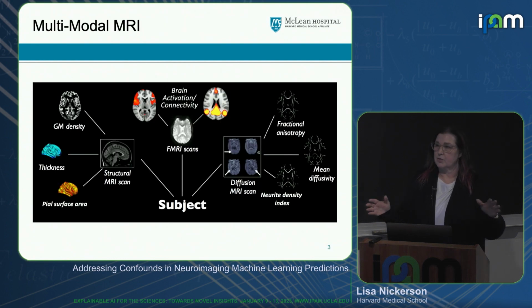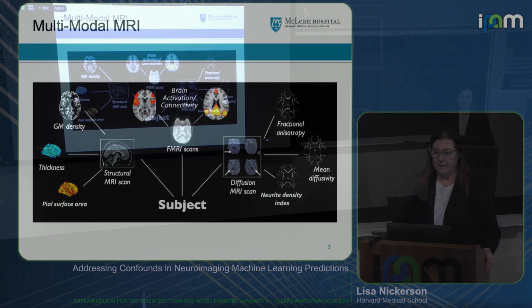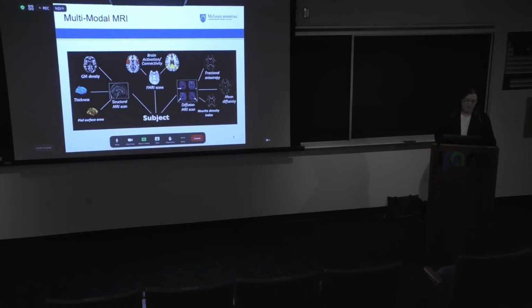So just to give you a big overarching picture of neuroimaging studies, and before I introduce confounds, I'm going to focus here on multimodal MRI because MRI data sets typically have the larger sample sizes that are relevant for machine learning techniques. In this case, you can put a person in the scanner.